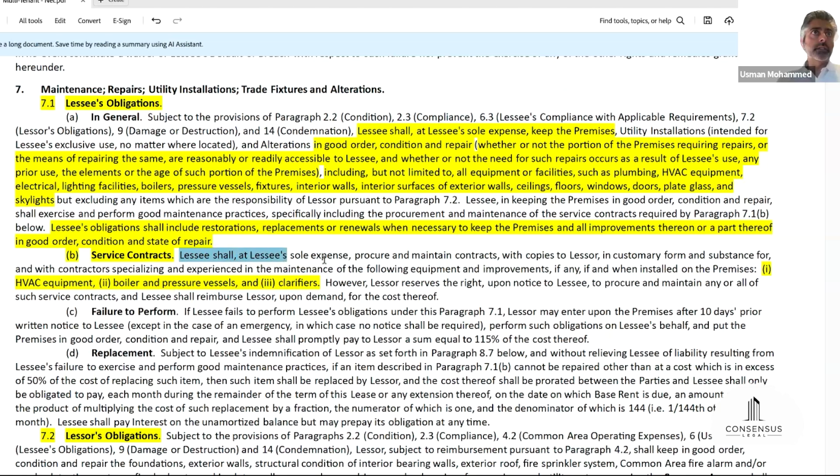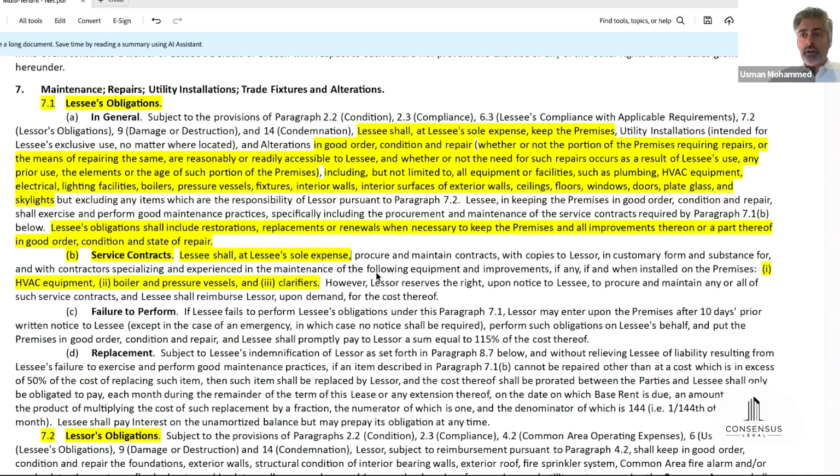And lessee pays at its sole expense for those service contracts. So this is how the AIR CRE multi-tenant leases flesh out the concept, this general rule that lessee is responsible to keep the premises in good order, condition, and repair.